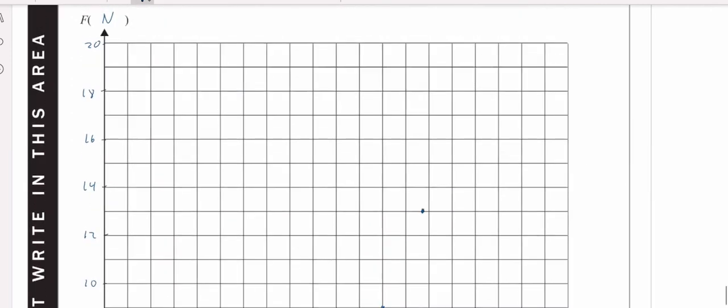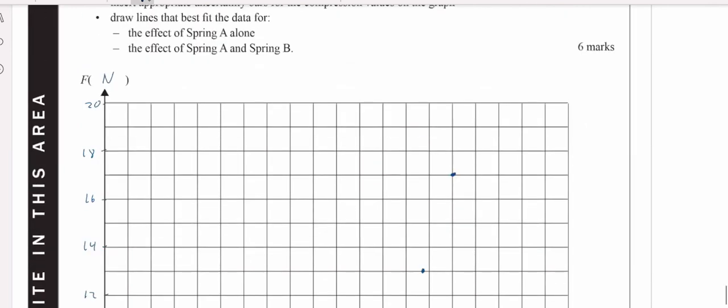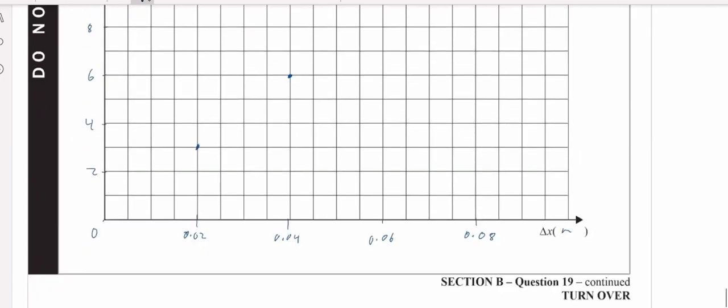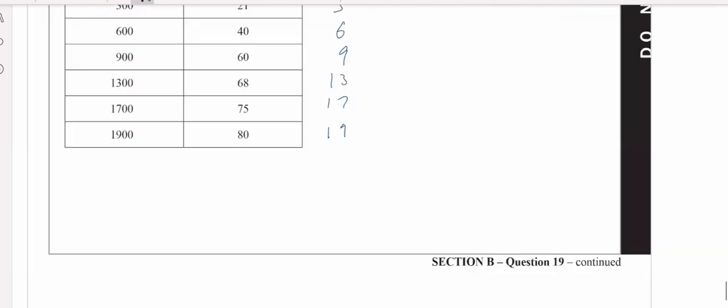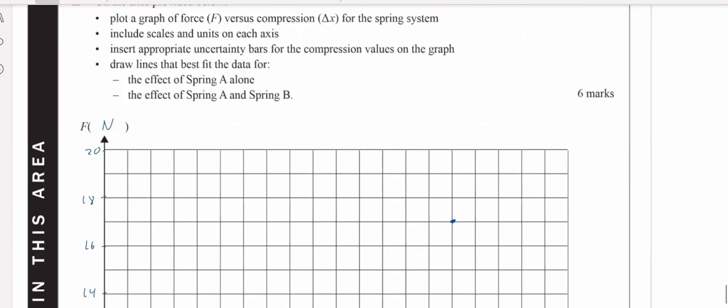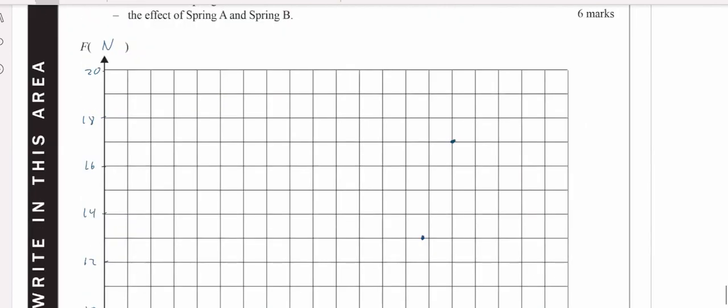So on this line, 17. And then for 0.08 is 19.